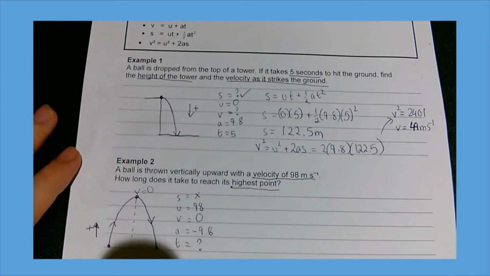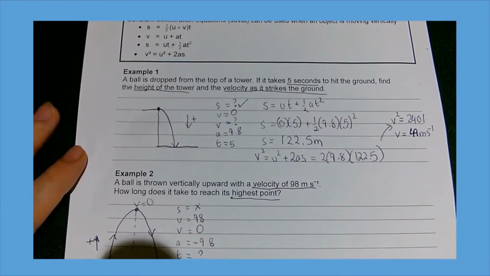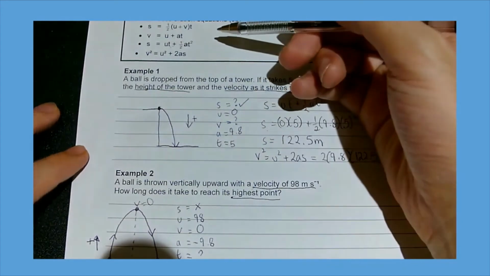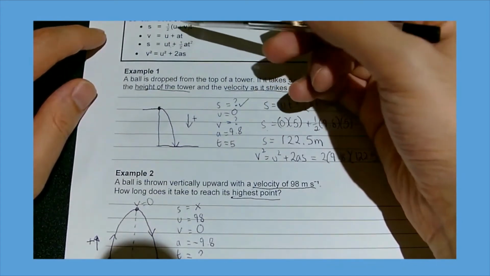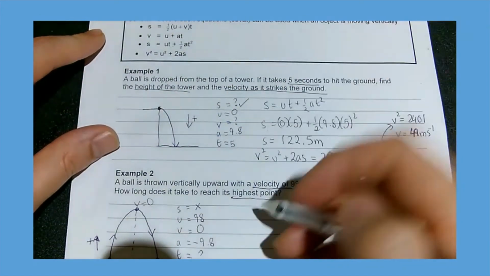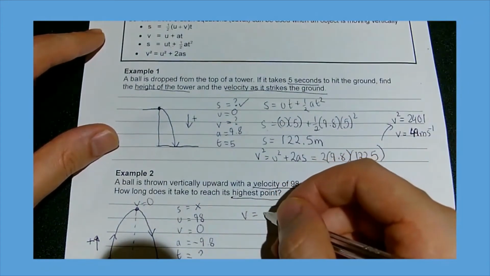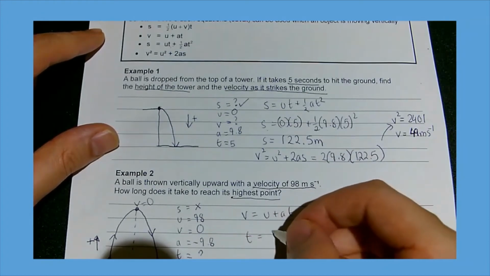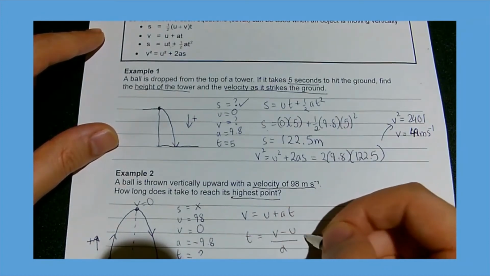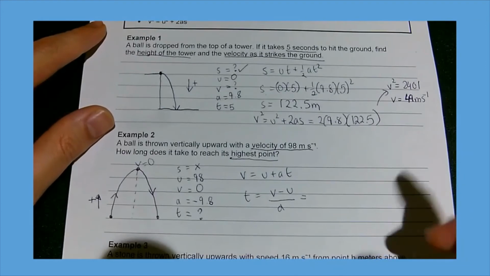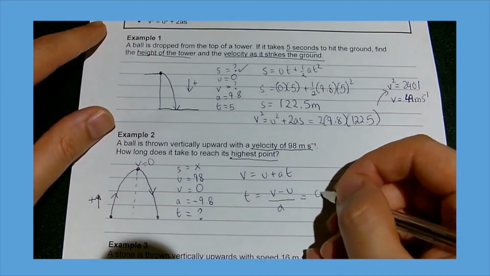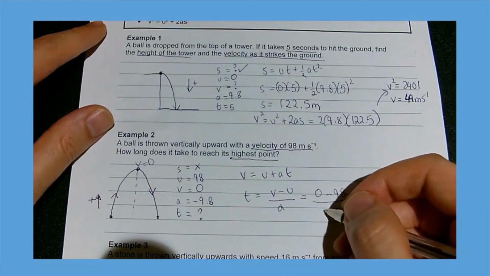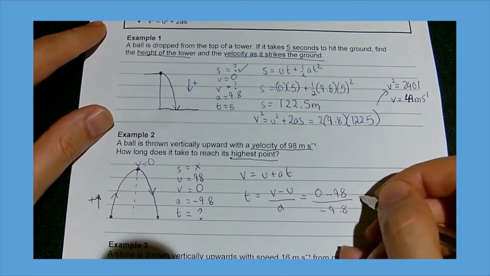So again, I look at my formulas here, and I think, okay, which one will give me the value of t? Well, what have I got? I've got u, v and a. So u, v and a, maybe I could use this. If I just rearrange it, I'll get t to be 0 minus 98 over minus 9.8.